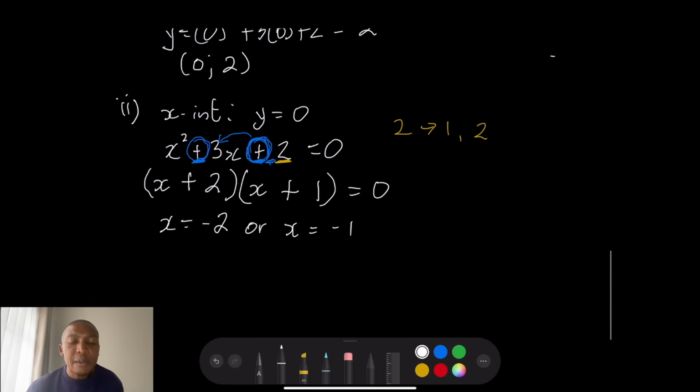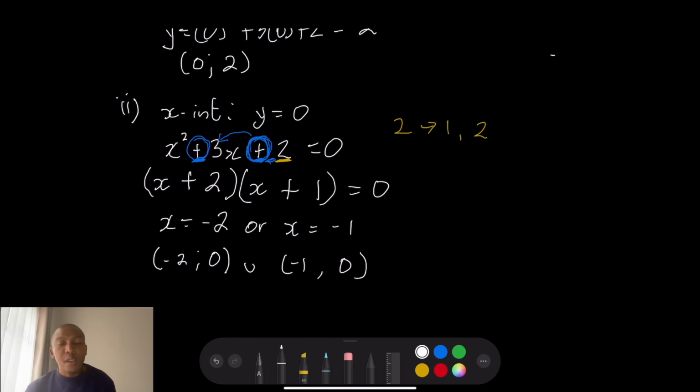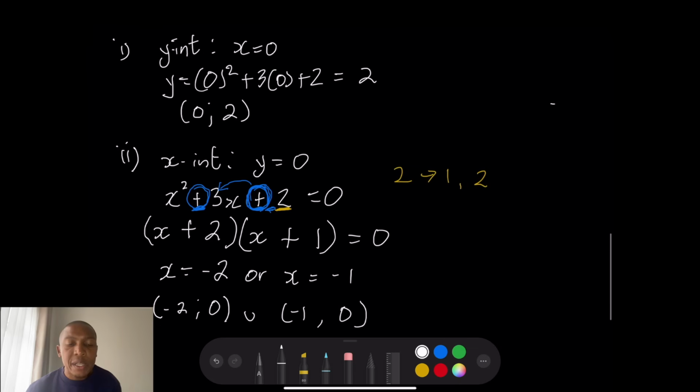So my x-intercepts are going to be -2 and 0, and -1 and 0. Okay, so now we've got our x-intercept and our y-intercept.